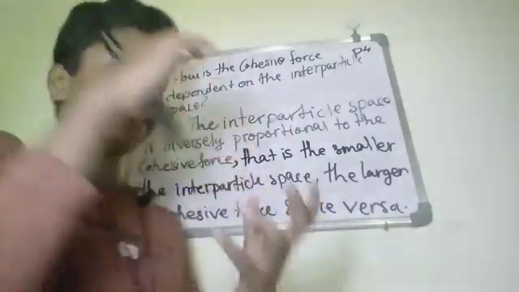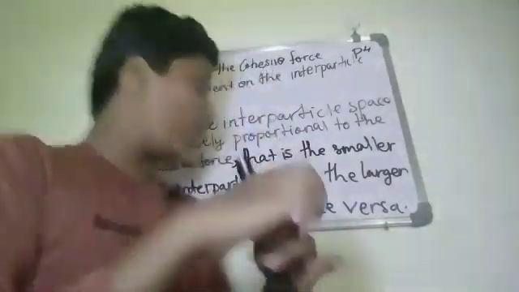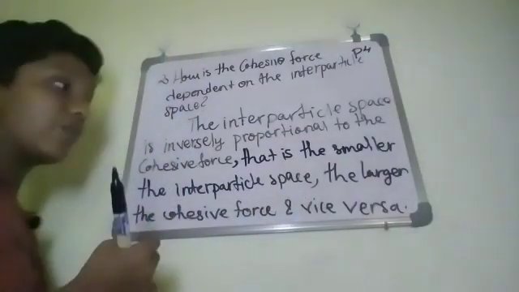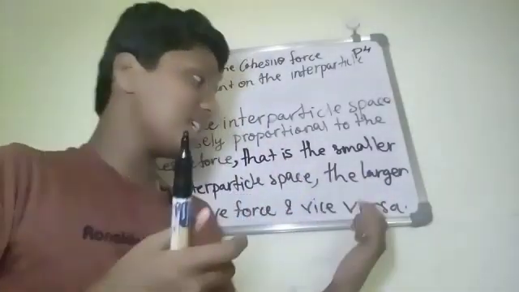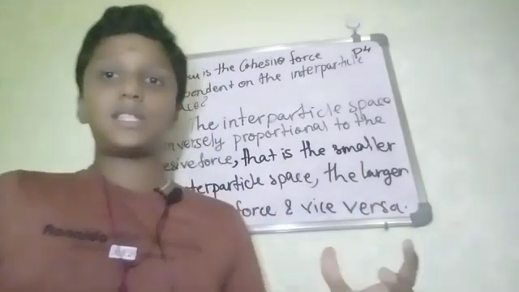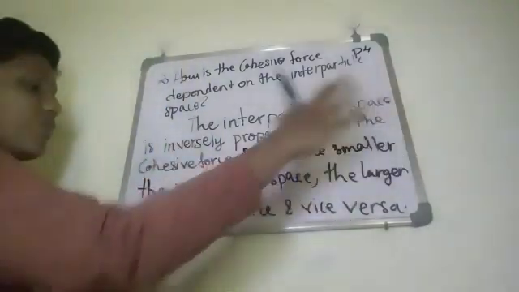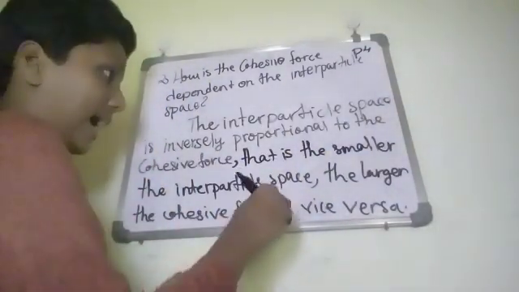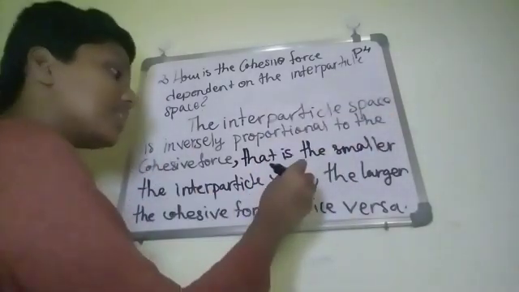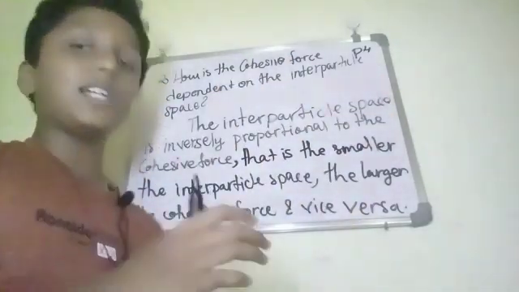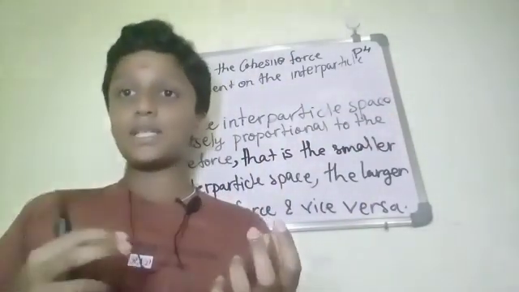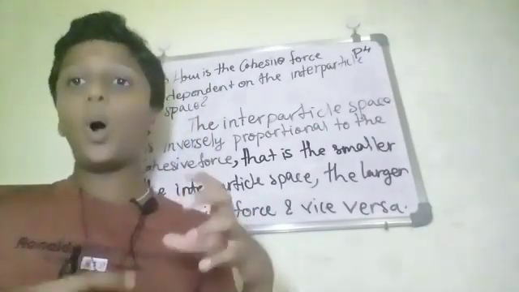If the interparticle space is really small, the cohesive force will be large, and vice versa means just the opposite. Instead of writing vice versa, you can write, and the larger the interparticle space, the smaller the cohesive force.